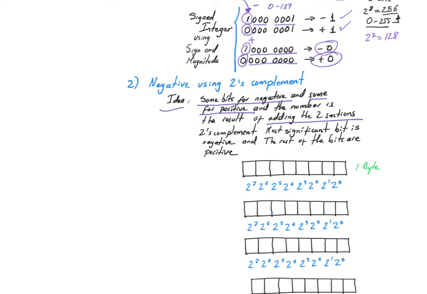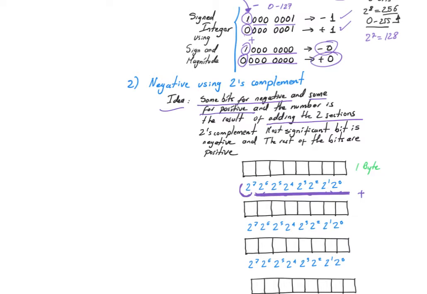Now, to keep using the same values, so we can have some sort of correspondence with the unsigned numbers, what they did was they said, okay, let's make the most significant bit a negative number, and then the rest of them are going to be positive numbers, right?